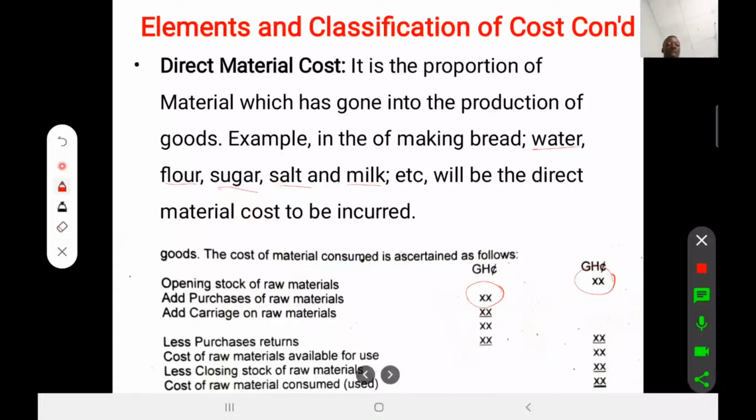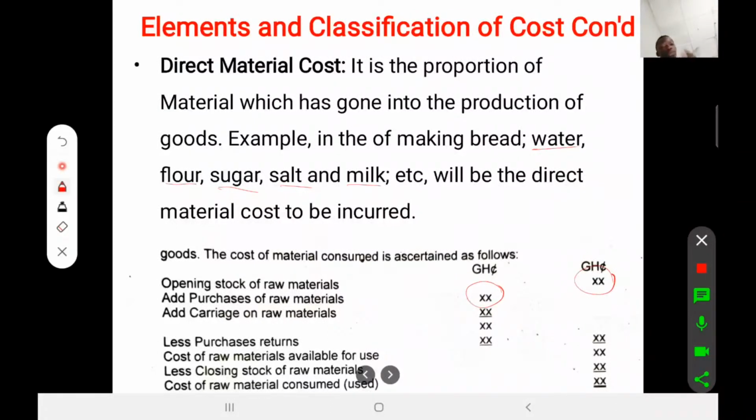And if, after getting the materials to your store, you find out that some of the goods were rotten, couldn't meet your preference, or there was a defect in them, then it becomes returns. You're going to return them to the one that you bought from. That becomes purchases returns on raw materials. Please take note. At times they might trick you. They will tell you it's purchases return, but then they also tell you it's purchase returns on raw materials.